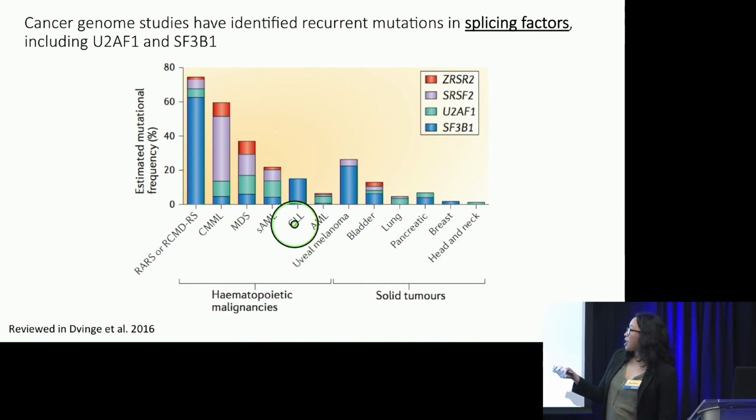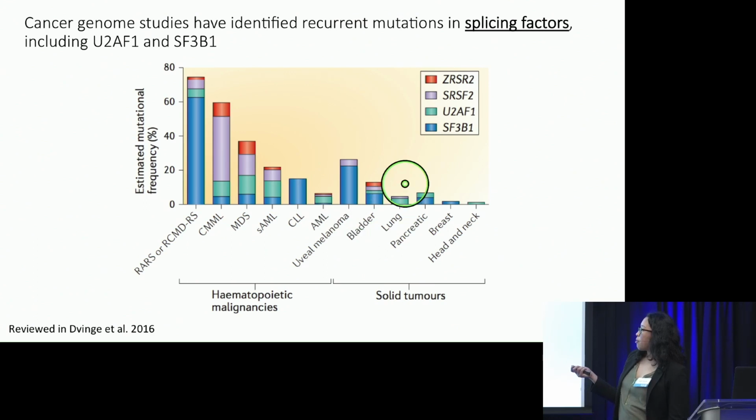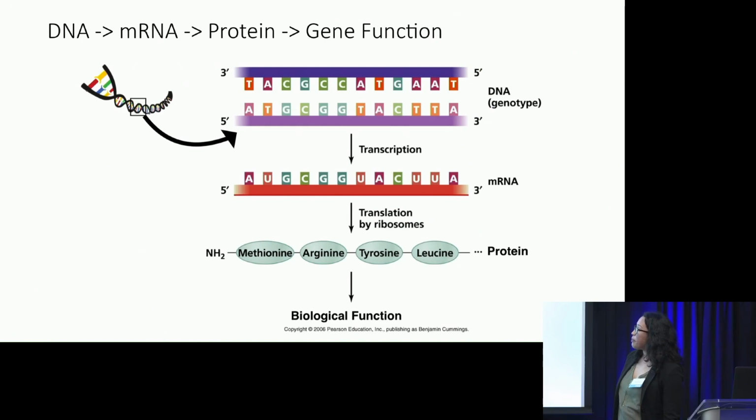My lab actually collaborates with a group that studies chronic lymphocytic leukemia, so that's one cancer type we also study. But today we're going to focus on lung cancer, which has, again, very rare but frequent mutations in these splicing factors. So they occur pretty frequently.